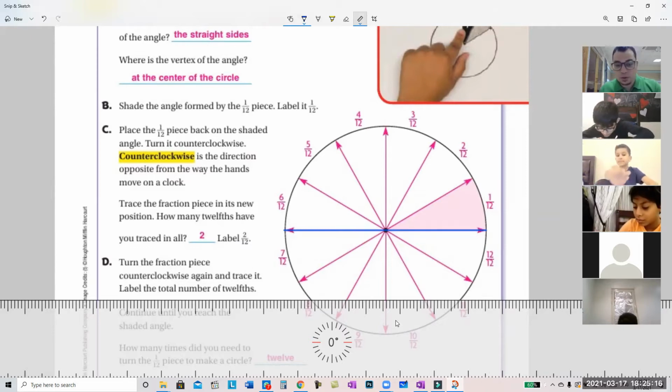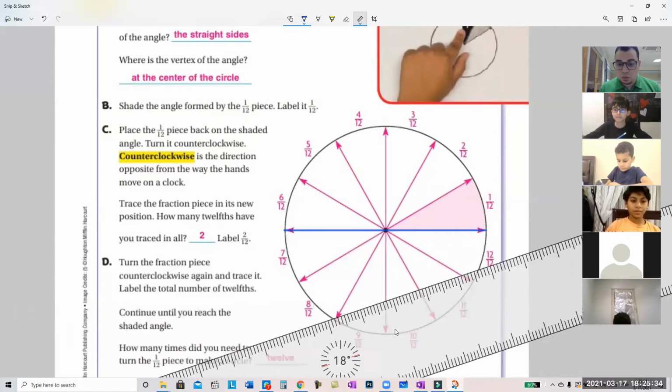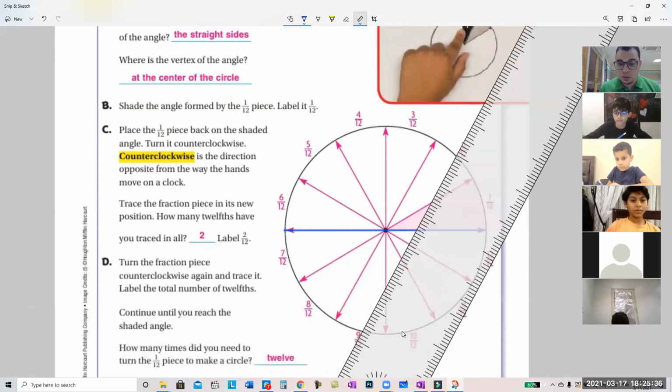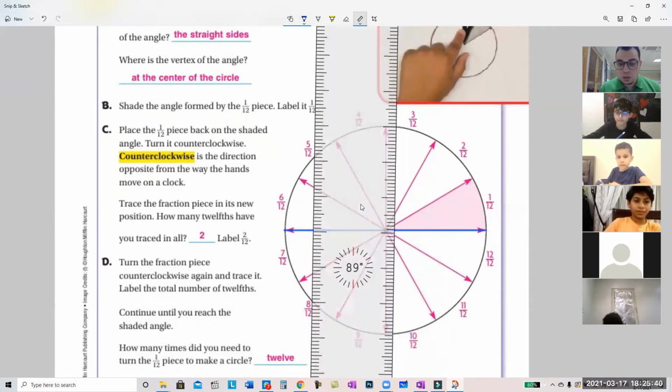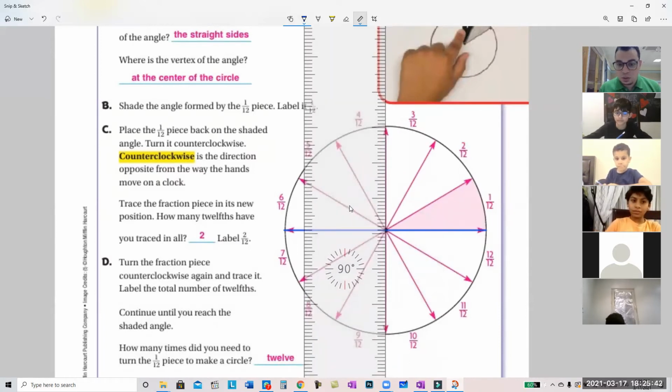Follow me, please. Okay, after we finish dividing it into two equal halves, we're going to divide these two halves into halves again. So we're going to divide the whole circle into 4 quarters. So let's draw a vertical line here to divide it into 4 quarters, as you see here.